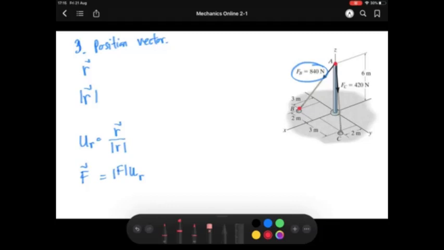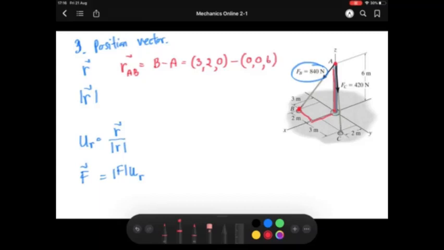So R from A to B is the position of B minus A, which is, B here is 3 along the x, and then y of minus 2 meters and then 0 in terms of z, minus 0 here and 0 in terms of the y axis and then 6.